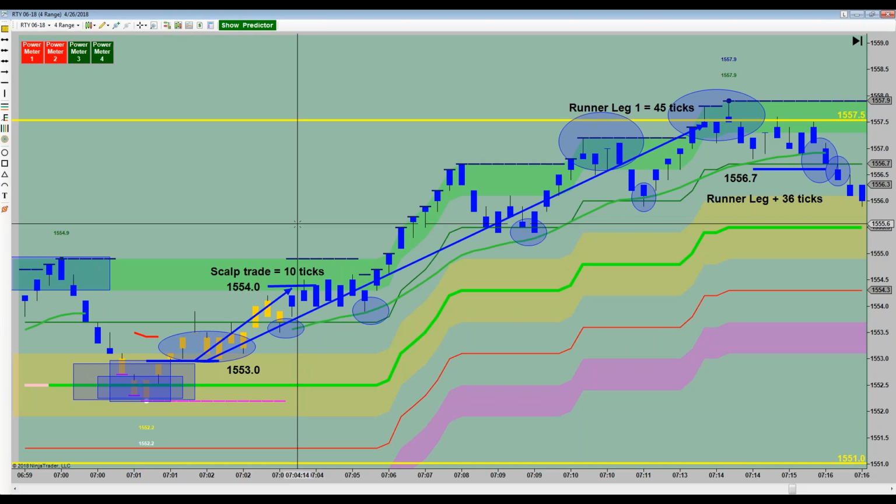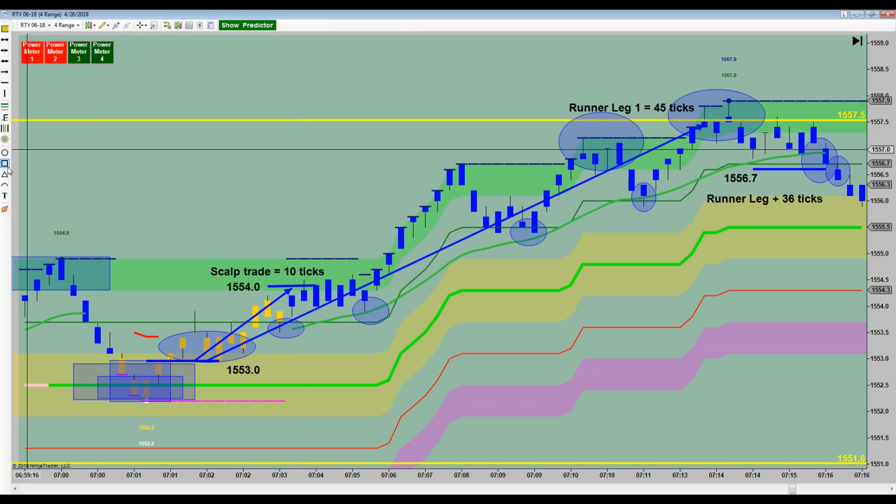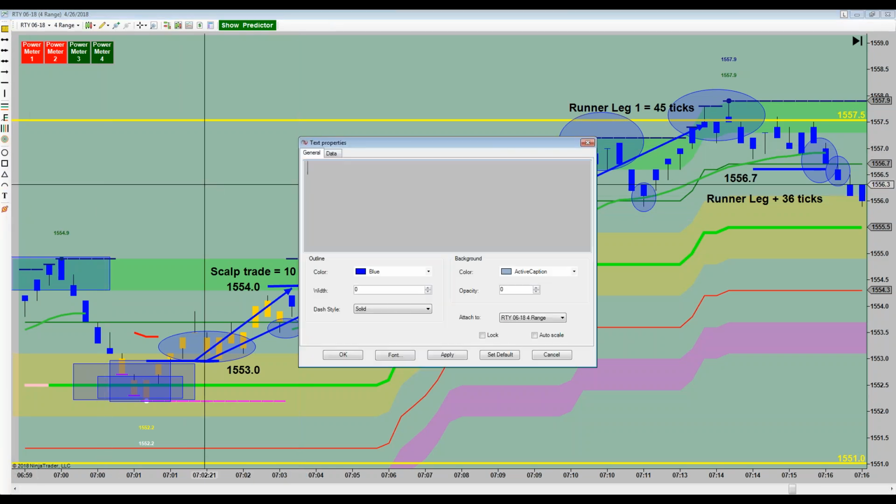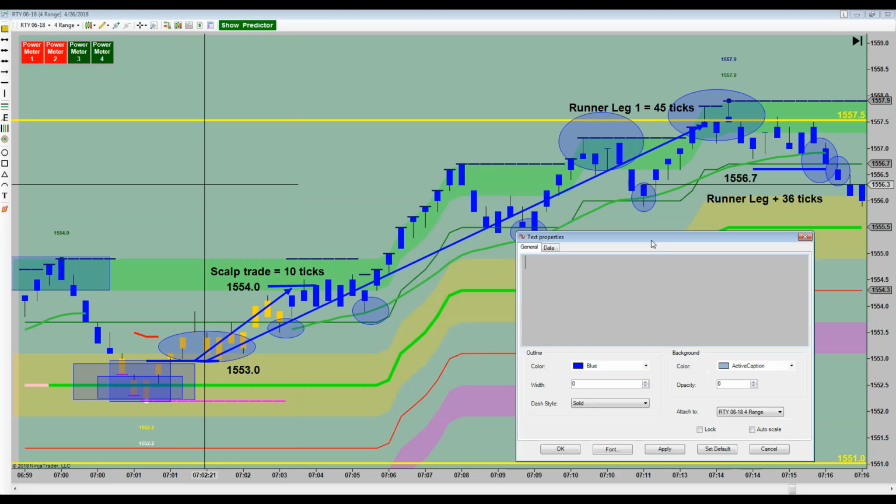So approach 1, if you recall what we discussed here on the approach to this trade, this long trade on the Russell, which started right around 7 a.m. Pacific time here. Approach A, let's just call it the first one, approach A. It had the scalp, right?